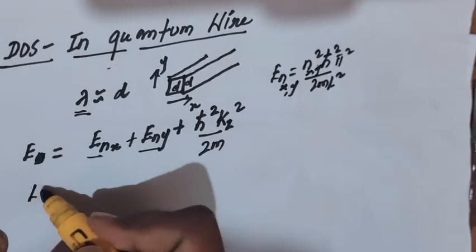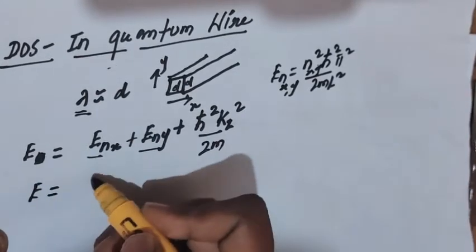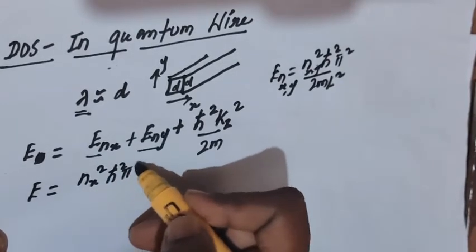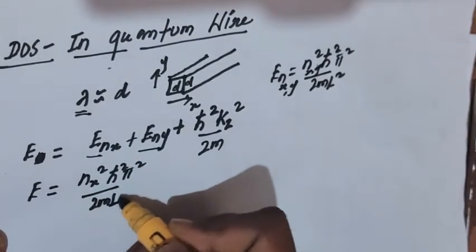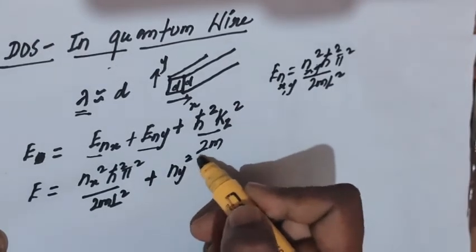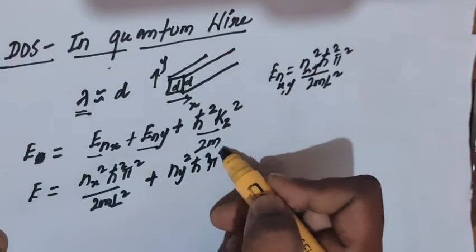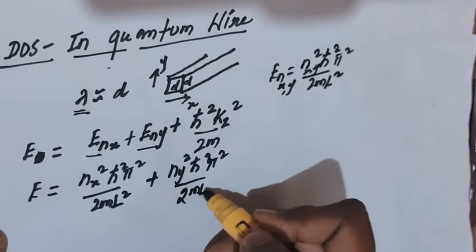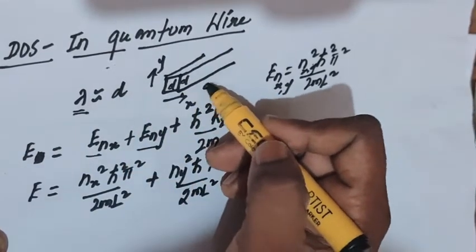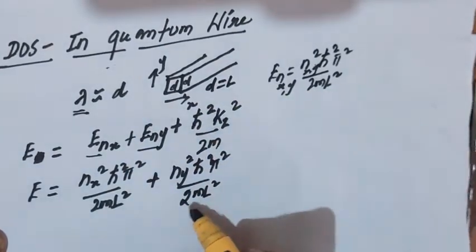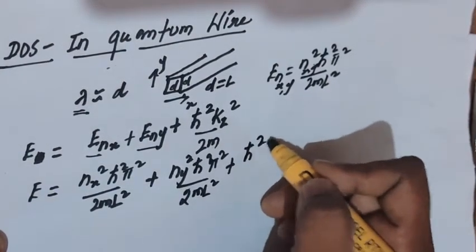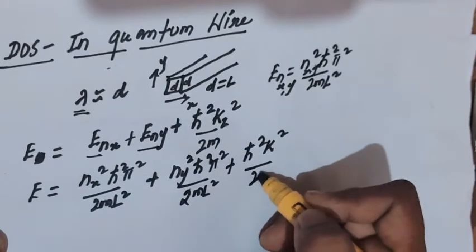So the total energy of the electron in the quantum wire is simply nx square h square pi square over 2m L square, plus along the y direction ny square h square pi square over 2m L square. Here we are calling the thickness d; if you take d equal to L, then you will get this kind of energy eigenvalue. In the z direction, it is h bar square kz square by 2m.